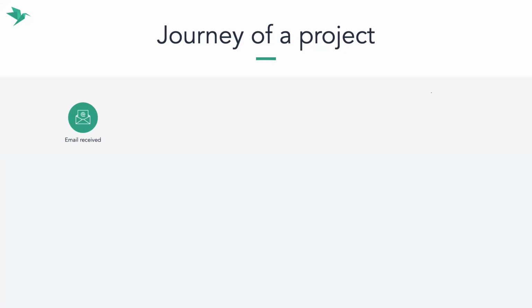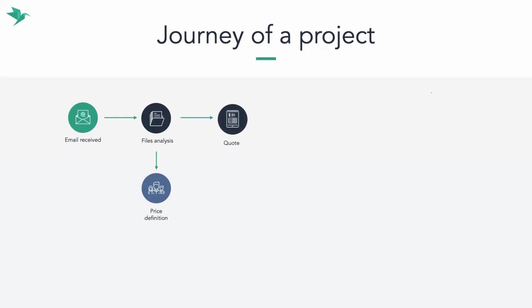You receive files or more information about your task, and then you have to define your price, the price you're going to rate that project. You send a quote to your potential client or existing client that needs a new project. And then if she says yes, you can start working or outsourcing.